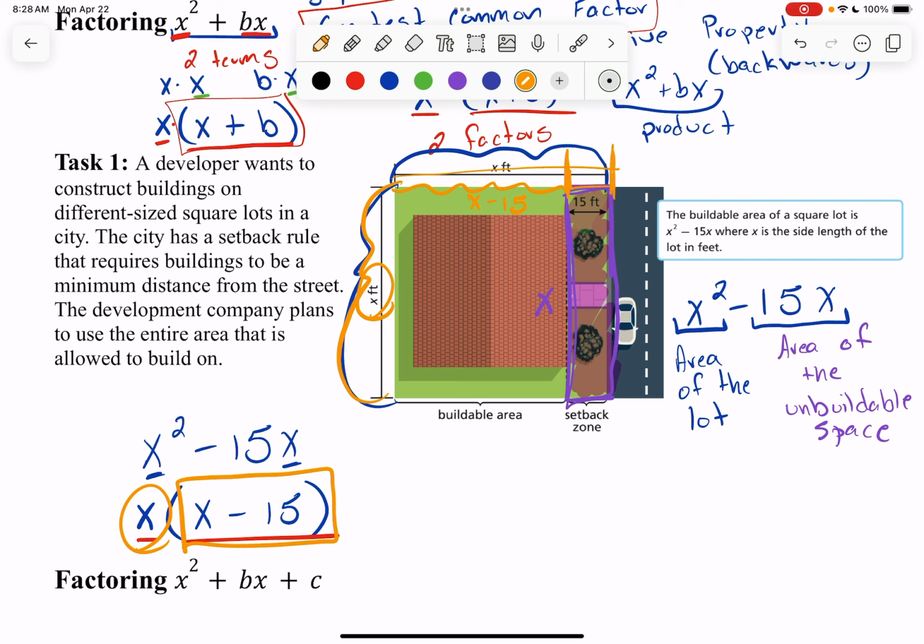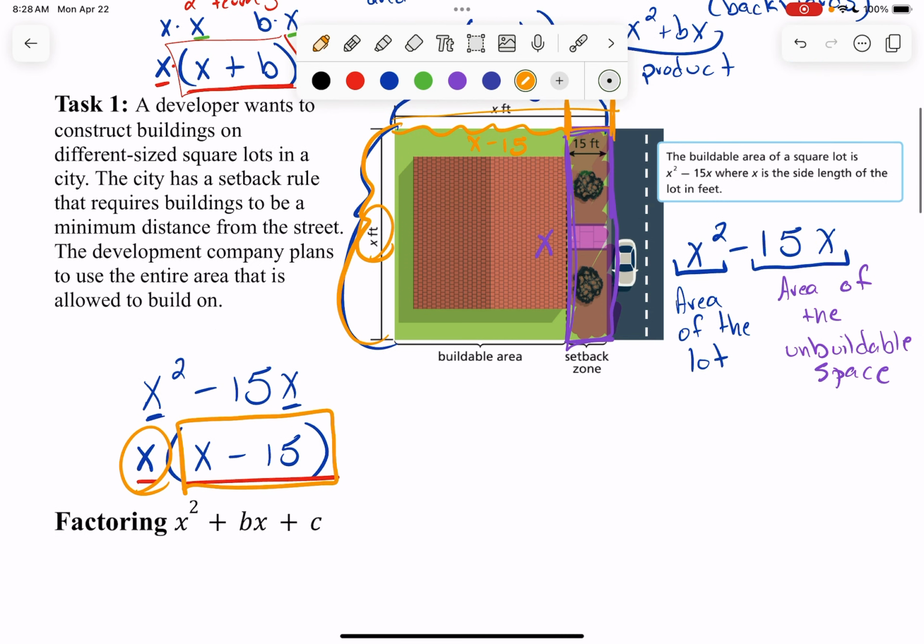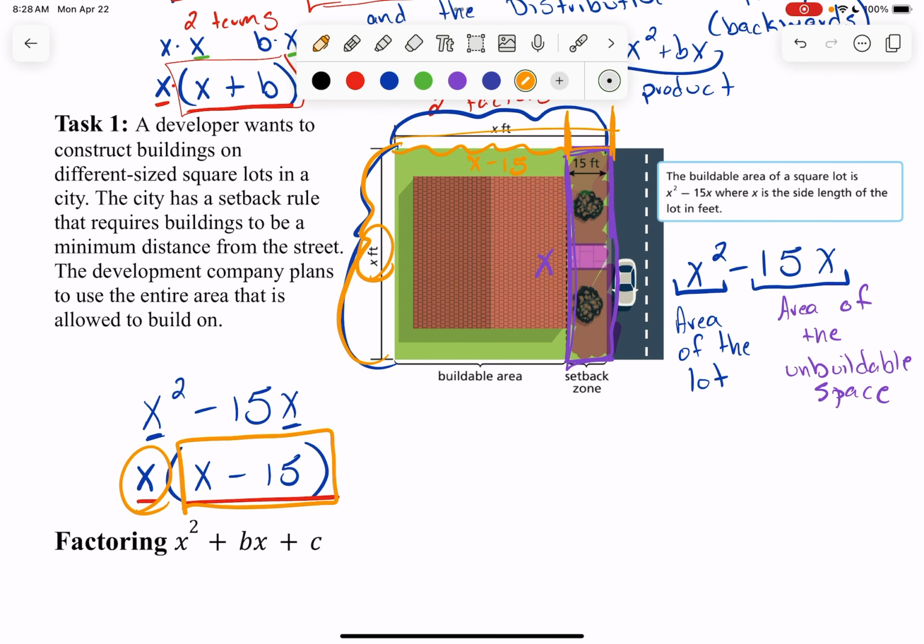So again, this still represents the buildable area. It's just written in a different way. Instead of taking the area of the entire lot and taking off this unbuildable area, I'm just finding the area of the buildable space by taking the x times the x minus 15. Okay. All right, we're not really doing much else with that problem.